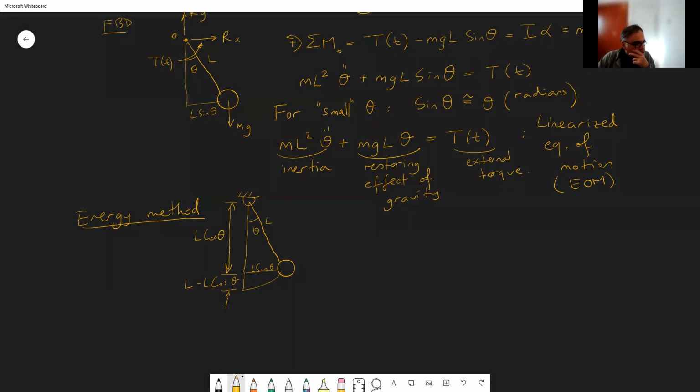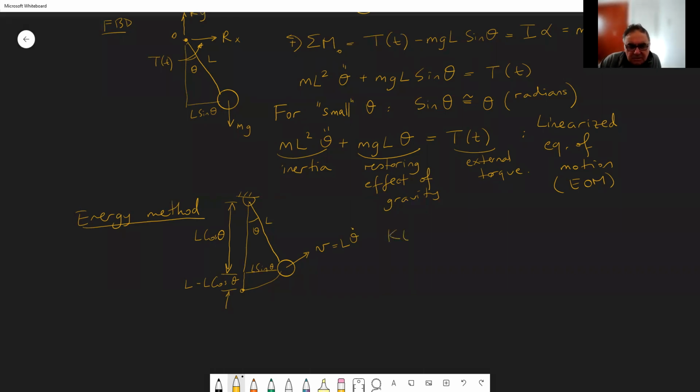We need this for potential energy. And also the velocity of the pendulum, when it is theta, the velocity is equal to L theta dot. Okay, it is tangent to the path of the pendulum. So we need to write the energies here.